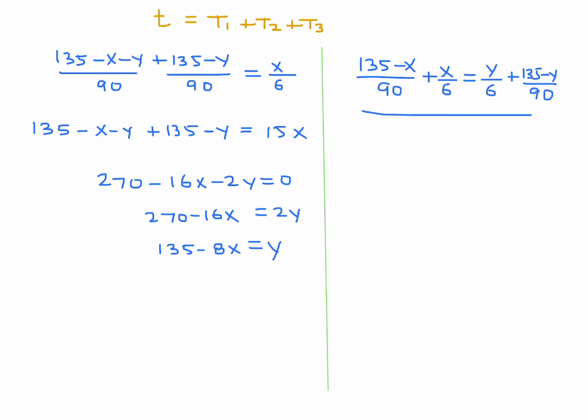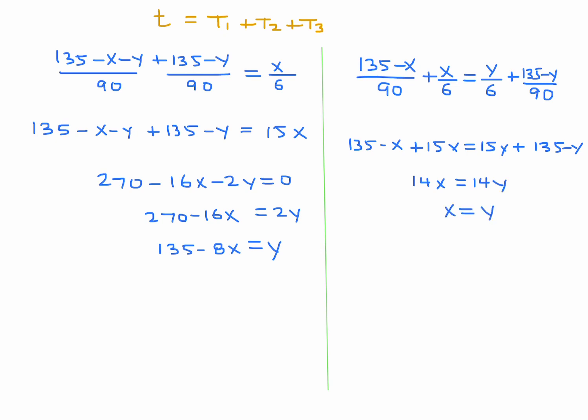Okay, let's solve this one right here. Multiply through by 90 and you get 135 - x + 15x + 15y. And that's going to be just 135 - y. So the 135's cancel, and we got 14x is equal to 14y.